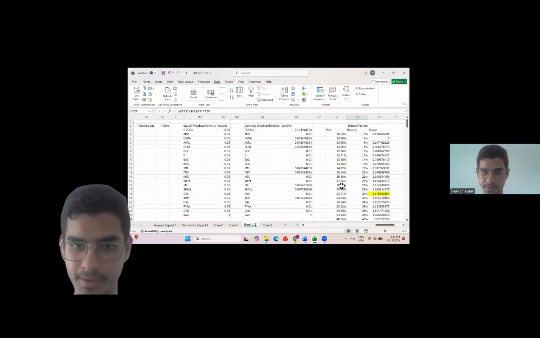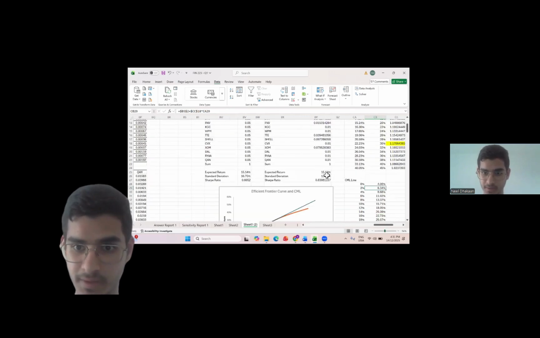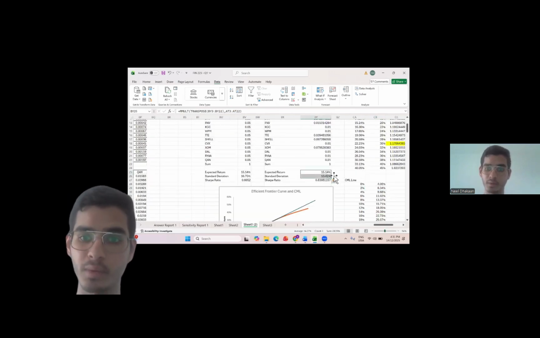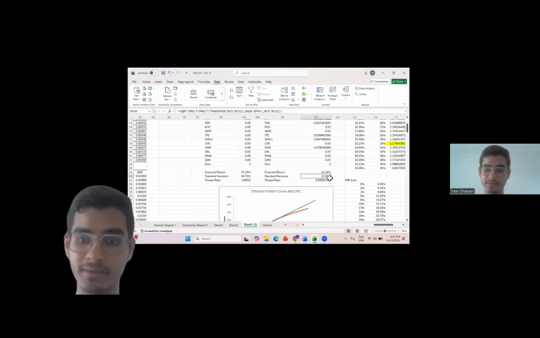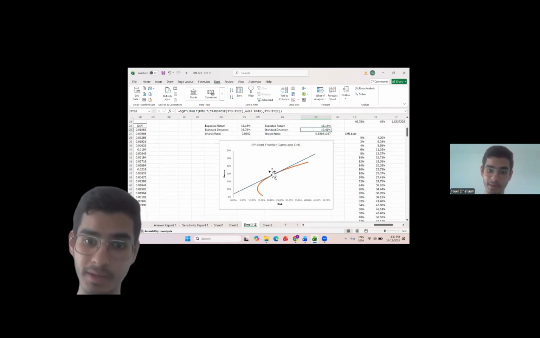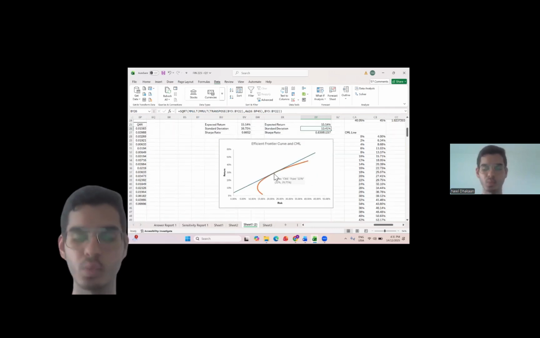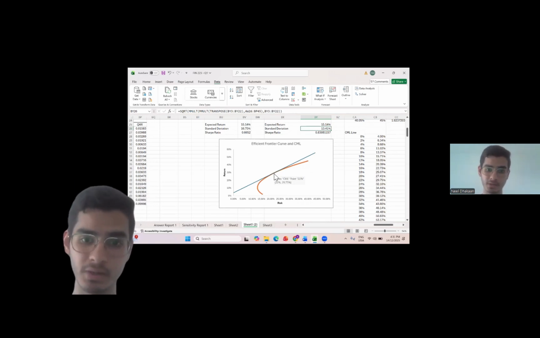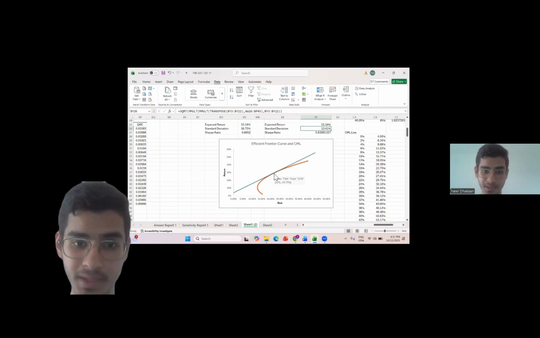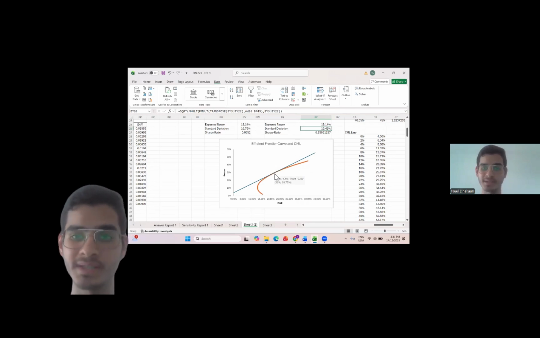But my return and risk for the portfolio is 15.14 and 13.41. Why? Because in the Excel solver, I had kept the objective as to reduce standard deviation, which was to minimize risk. But if your objective is to maximize the Sharpe ratio, then my risk would be 22% and my return would be 29.75%.